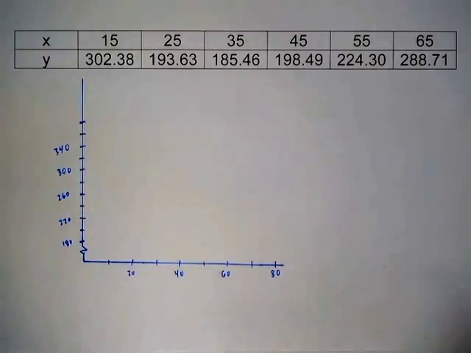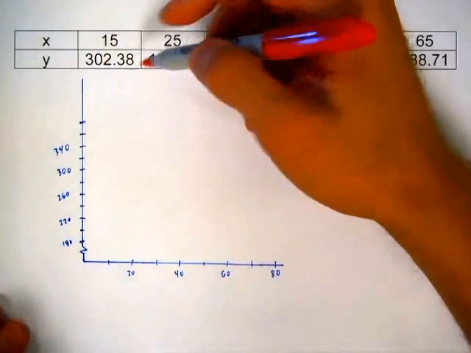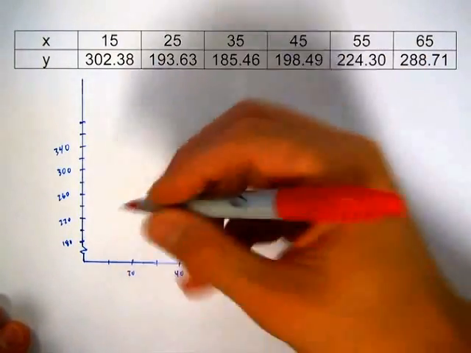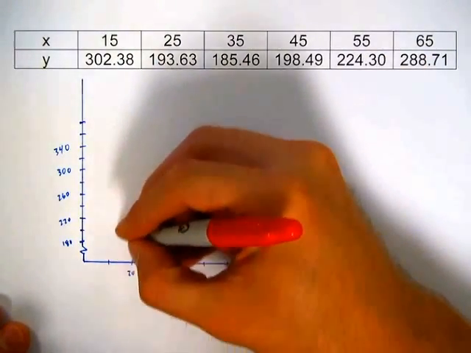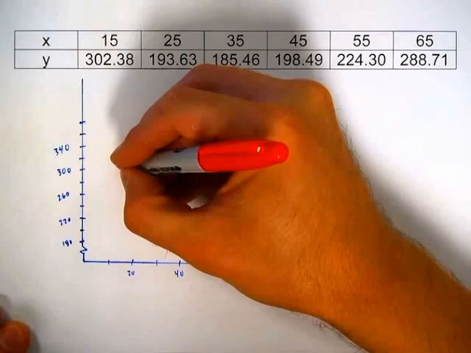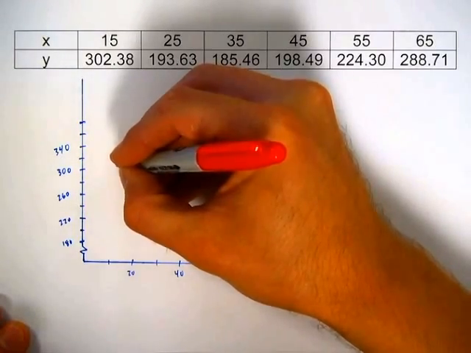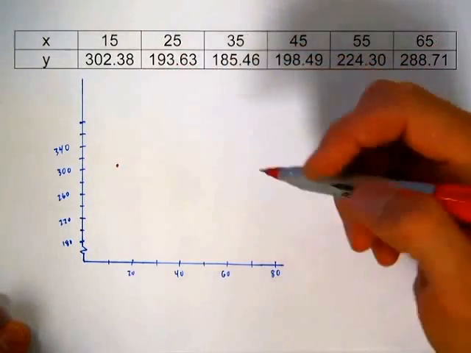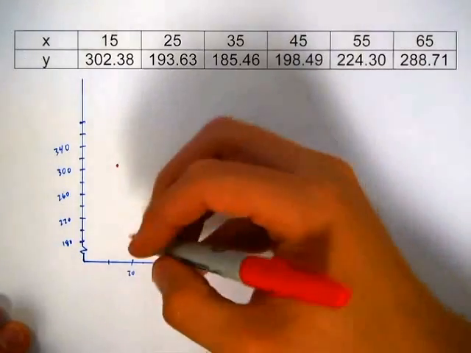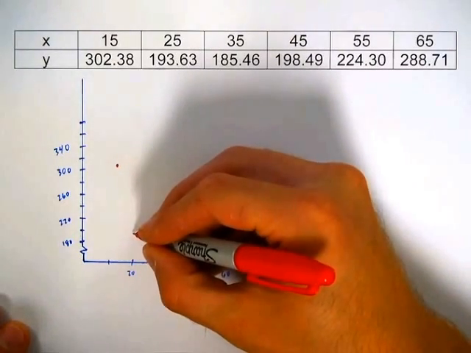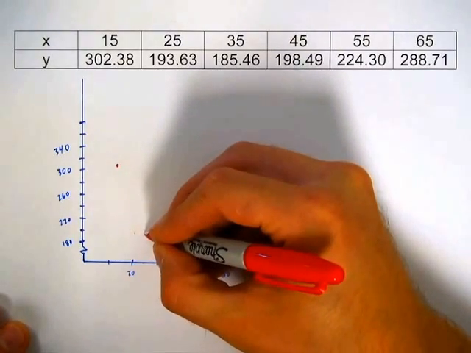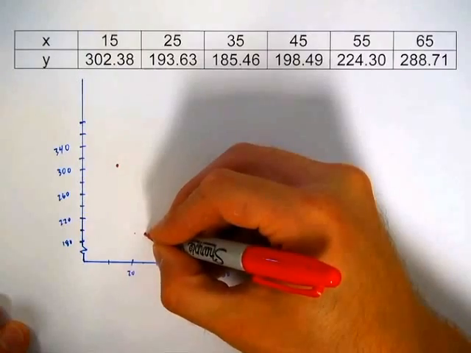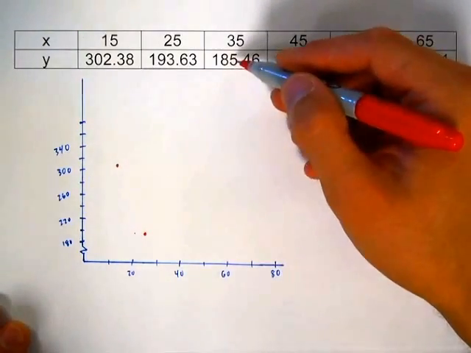So let's start with 15 and 302. So 15 is going to be, so this is 10, 20, so 15 is here, and 302 will be about here. Okay, 25 and 193.63. That's going to be about here. Okay, 35 and about 185.